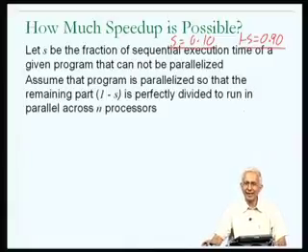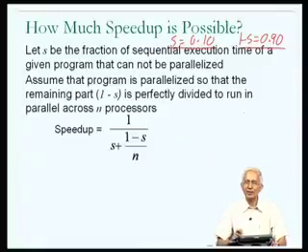How do I calculate the parallel execution time? I realize that of the sequential execution time, the fraction which I called s, in this example 0.1, could not be parallelized, and therefore in the parallel program this is still going to take the time fraction s.